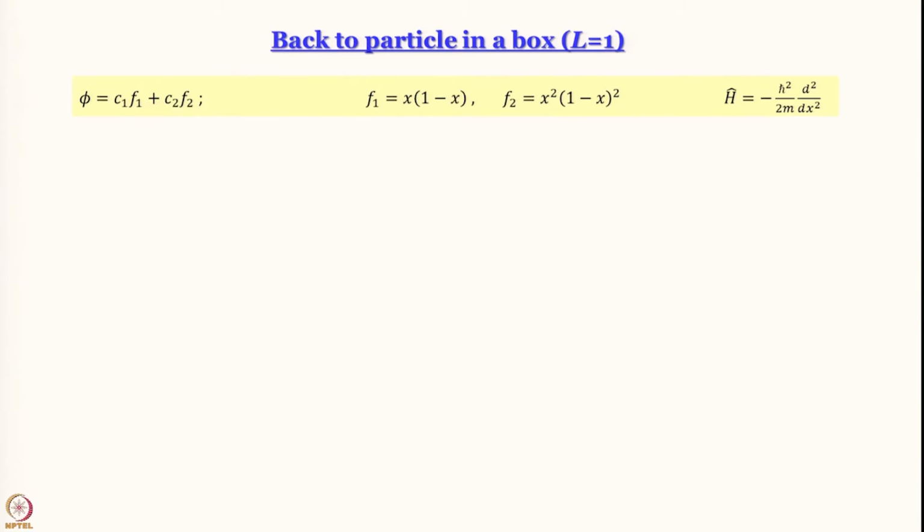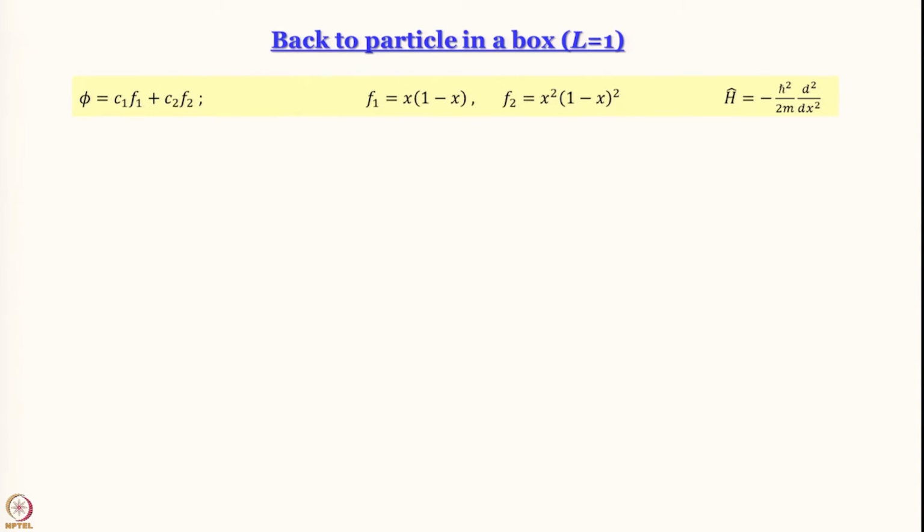So we need functions that are symmetric with respect to the midpoint, and also they must vanish at the boundaries. x into 1 minus x as well as x square into 1 minus x whole square both satisfy these conditions. I request you to recall what we had obtained in the earlier treatment.